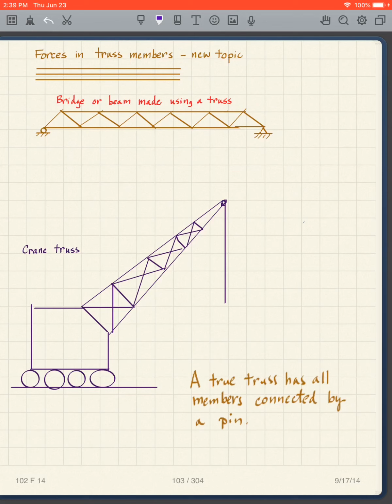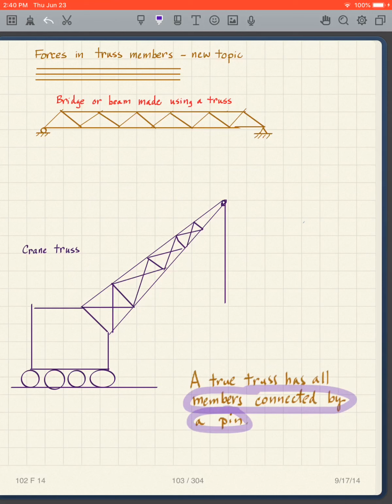A couple examples. Here's a bridge or a beam made out of a truss. Here is a crane boom, frequently made out of a truss. And I'm going to point out that they're not necessarily built exactly this way, but the true truss that we are analyzing has all of the members connected by a pin.